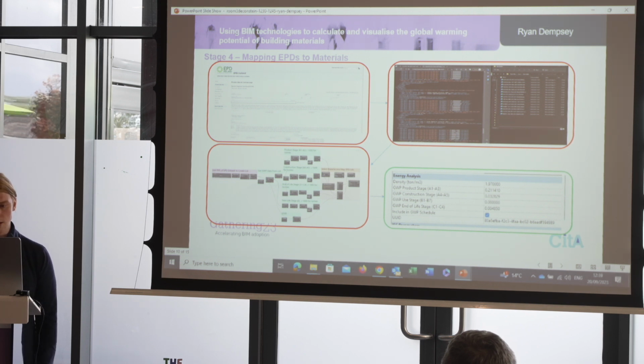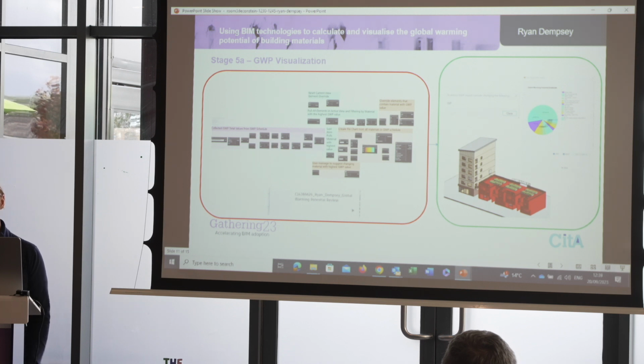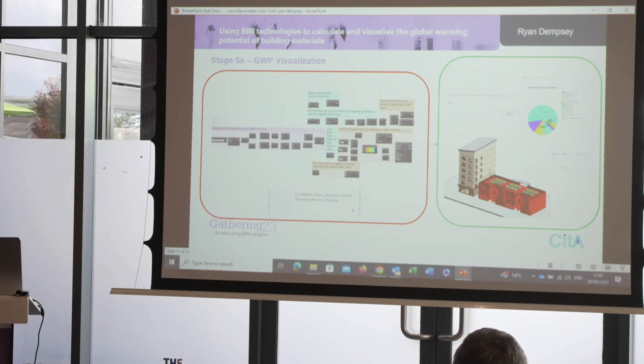So that's for EPDs, and then as a visualization tool, whether it's generic or EPD data, the next script was used to show how you could present the information visually for people that are modelling away in Revit.